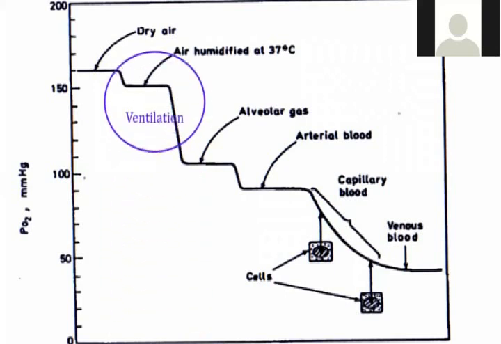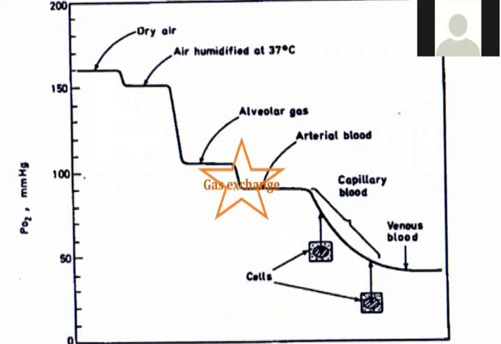And this is where we talk about ventilation, where oxygen is driven from the atmosphere into the level of the alveoli, from alveoli to the arterial blood gas. That is where we talk about the gas exchange, isn't it? You all were taught about this, isn't it?